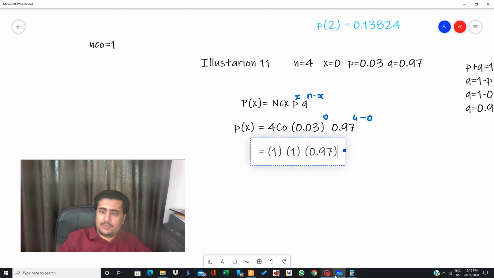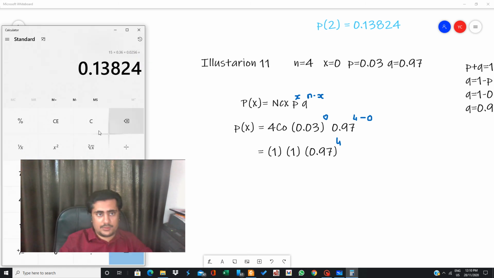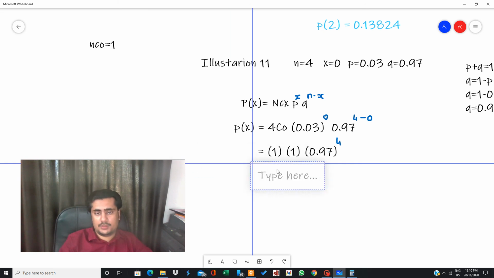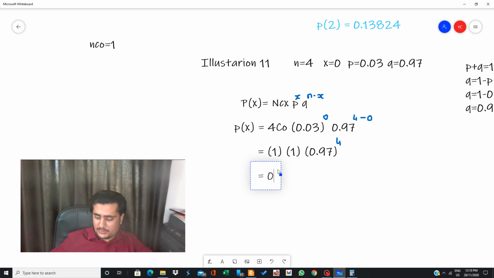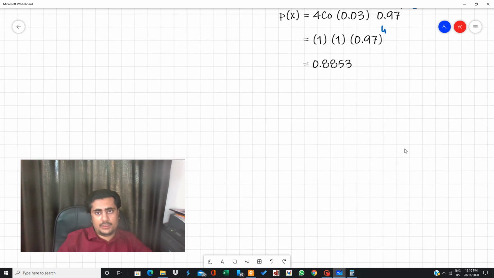So what is left is 0.97 raised to 4, where 4 minus 0 is 4. So it's 0.97 into 0.97 into 0.97 into 0.97. So it's 0.8853. If I get the answer in 3 digits, it's 0.885. So the probability of getting no defective item is 0.885.